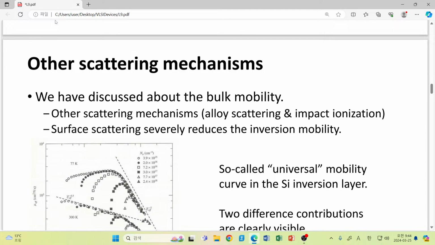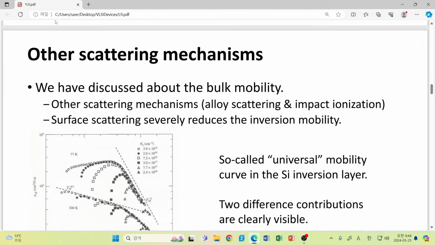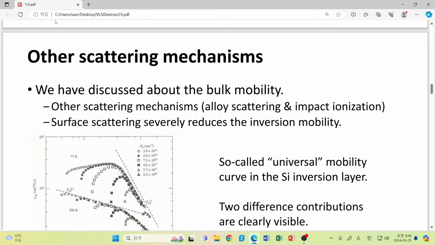So today I have spent almost more than 40 minutes to describe velocity saturation: why it is important, why it happens, how it is different from other mechanisms that have already been discussed. After that, I wanted to talk about other scattering mechanisms.